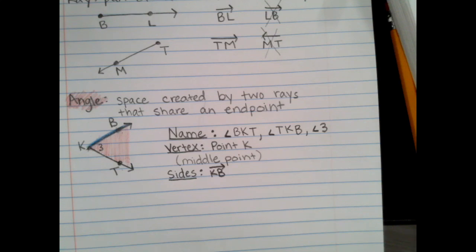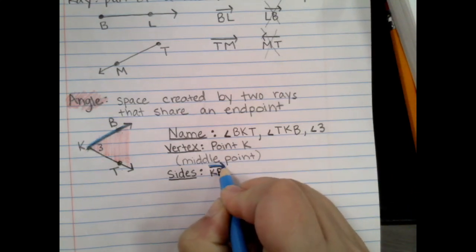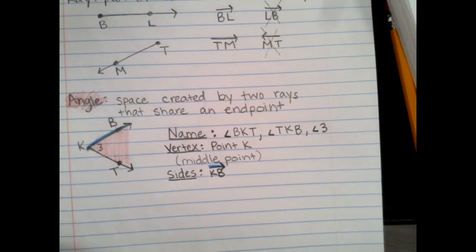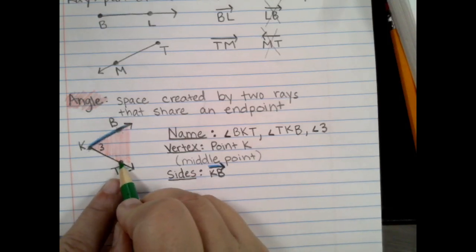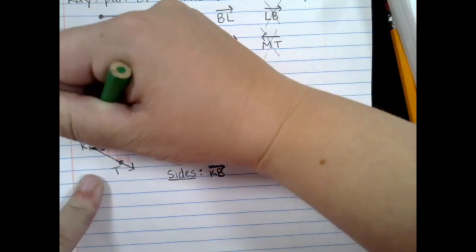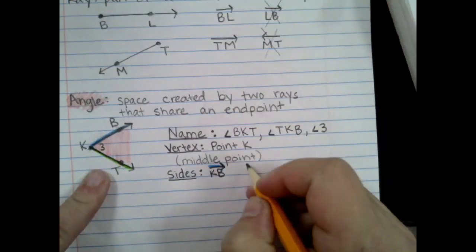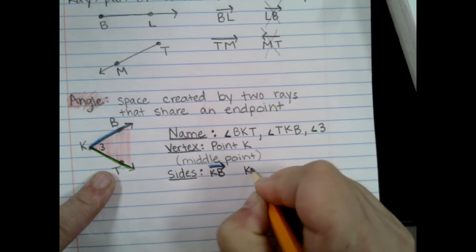All right, our other ray, our other side, where does it start? Does it start at T and go past K? Yeah, it starts at K and it goes past T. So that naming is really important. We can't say TK, we'd have to say KT.